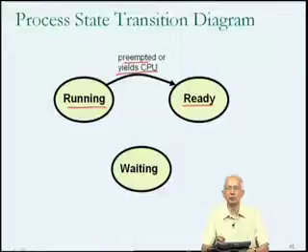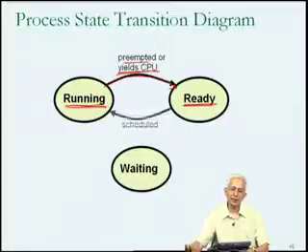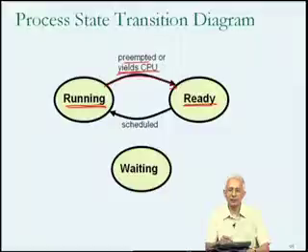We have not talked about any such mechanism yet, but let us suppose that there are. Then if there was a process which was in the running state and it voluntarily yields the CPU by using mechanisms available for that purpose, then that process would move into the ready state. It is not waiting for anything to happen, it is ready to actually start running once again. That is why we see this arc going from the running state to the ready state.